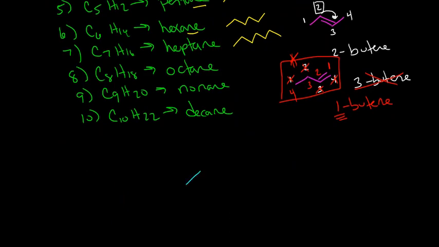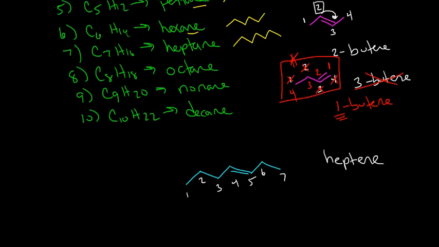So let's draw. Okay, so first things first, let's figure out how many carbons we have. We have 1, 2, 3, 4, 5, 6, 7 carbons. So this is a heptane base, but it's a double bond, so heptene. Now the question is, how do we number it?